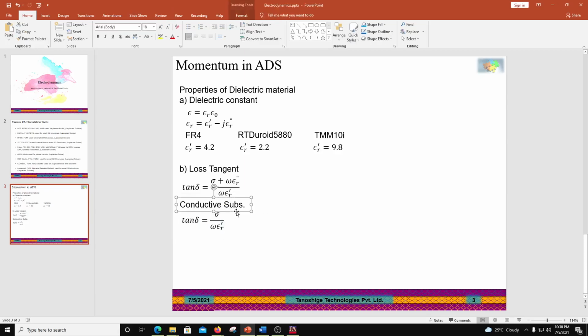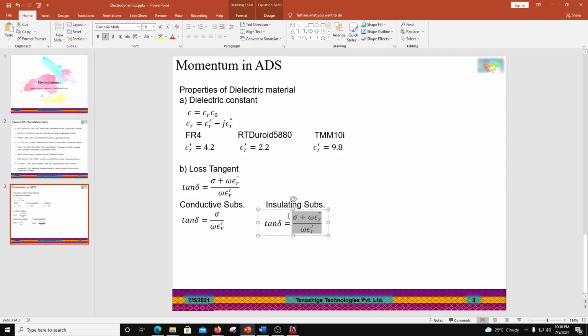Now in case of insulating substrates like gallium arsenide or gallium nitride, okay, so these are insulating substrates. In case of insulating substrate, sigma is basically close to 0. So now you can see here the substrate is frequency dependent. Okay, so this is in case of your silicon germanium.